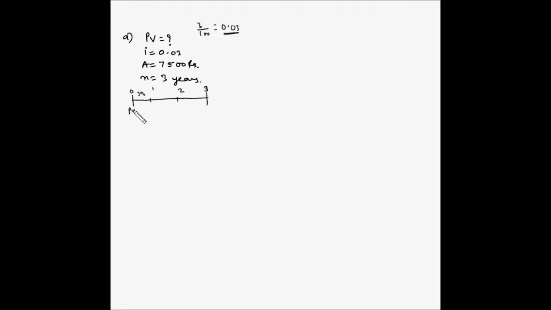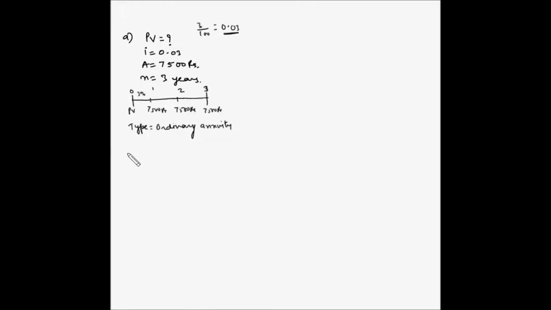This value today is PV, and we want to be able to withdraw 7500 rupees at the end of each of the next 3 years. Now this is of course an annuity, so we are trying to find the present value of an annuity, and since we are withdrawing at the end of each of the years, the type is ordinary annuity.